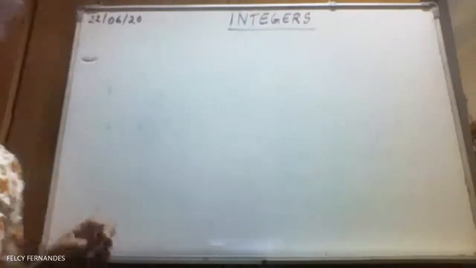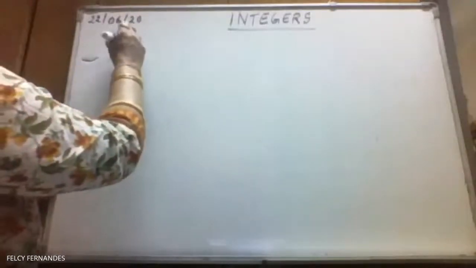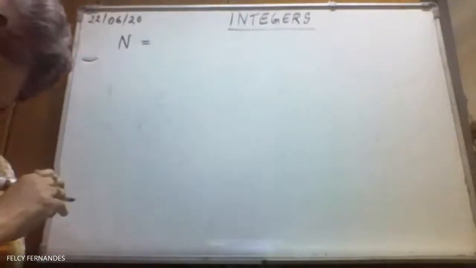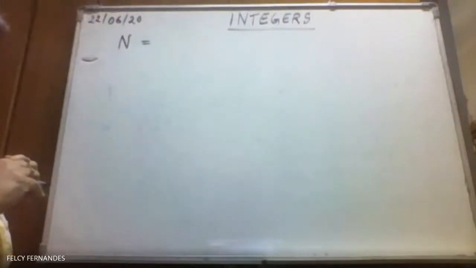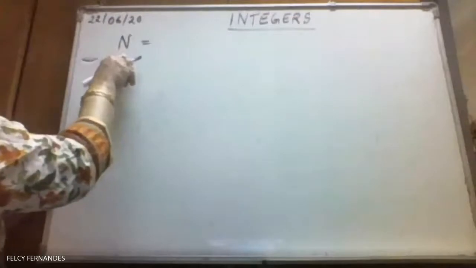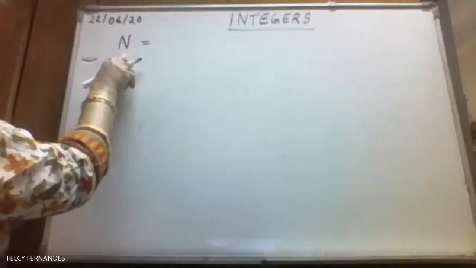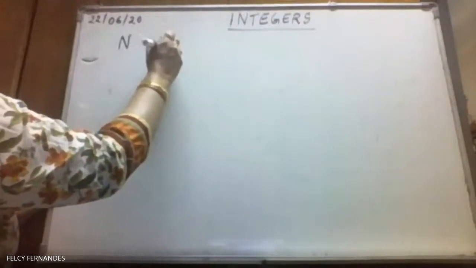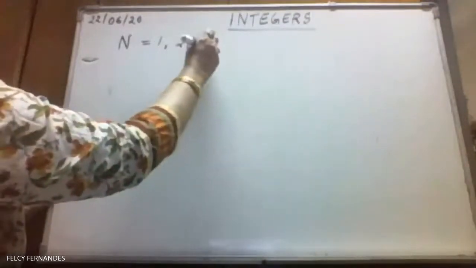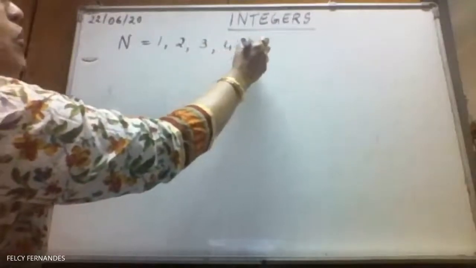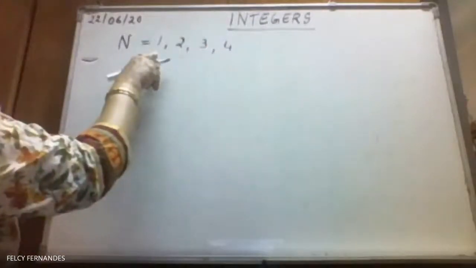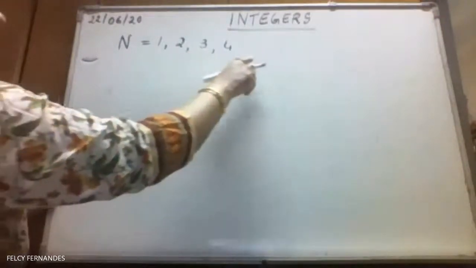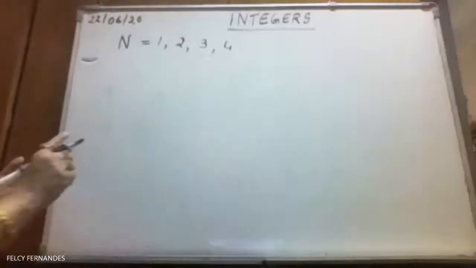In the number system, you have learned about counting numbers, or we call them natural numbers. The natural numbers are denoted by the capital letter N. Those are counting numbers, 1, 2, 3, 4, etc. The smallest natural number is 1, and there is no greatest natural number.